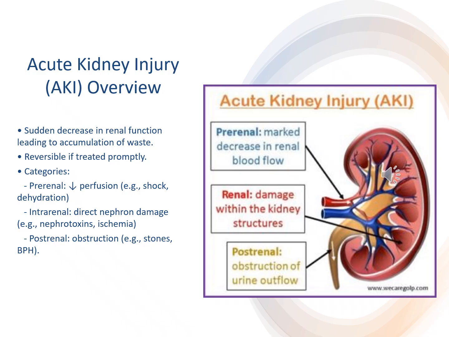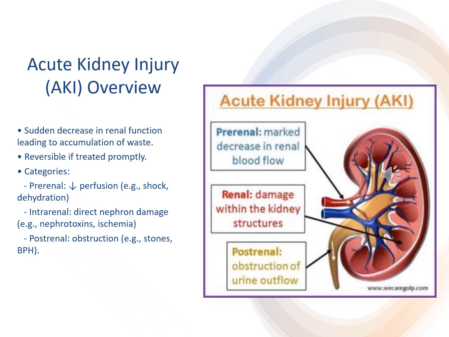So what happens when our kidneys are not able to filter waste and appropriately maintain fluid and electrolyte or acid balance is that we will have an accumulation of those waste products, specifically BUN and creatinine. So those you'll see will start to elevate.